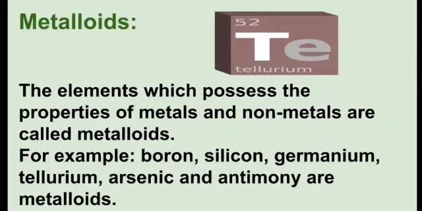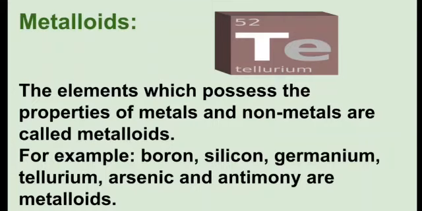Some of the qualities match with metals and some match with non-metals. For example, boron, silicon, germanium, tellurium, arsenic and antimony are metalloids. They show both the qualities of metals and non-metals. So this is all about metals, non-metals and metalloids and their physical properties.